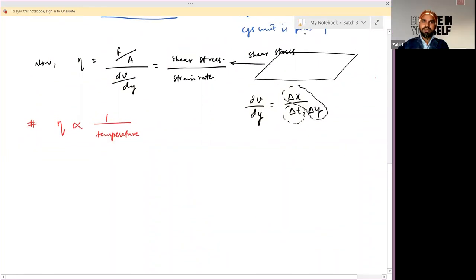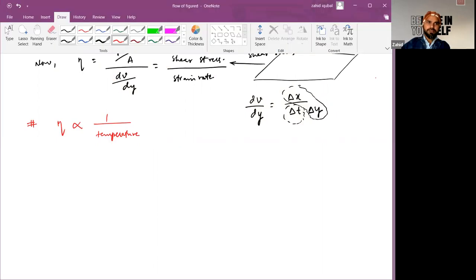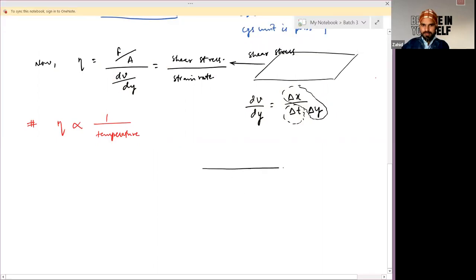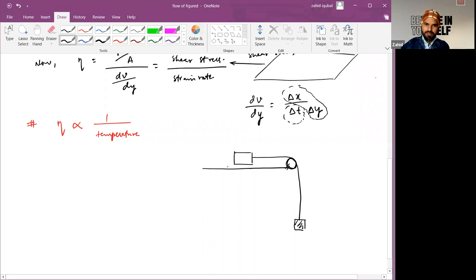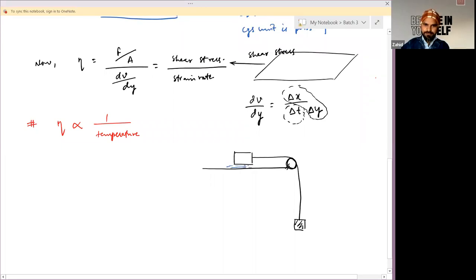Now let me give you a question related to this. Suppose there is a flat surface having a pulley. There is a block over it attached to a string, of some mass m. There is a liquid at this point having thickness 0.2 mm.